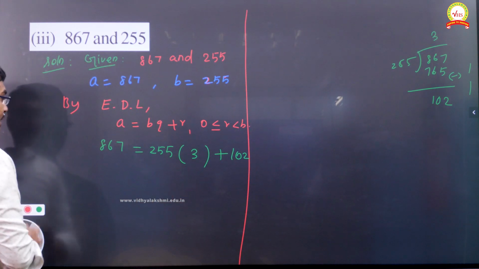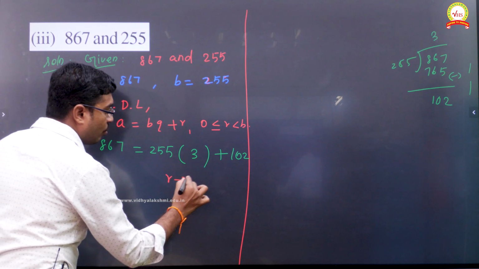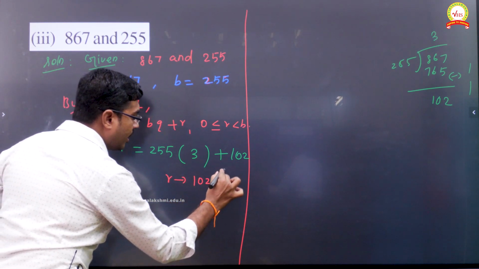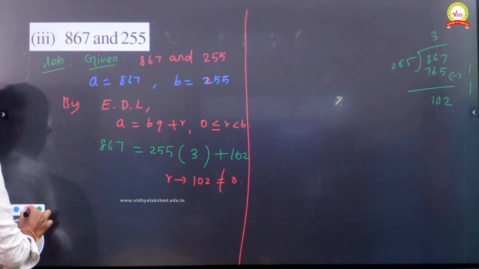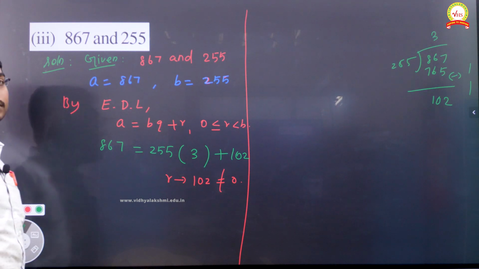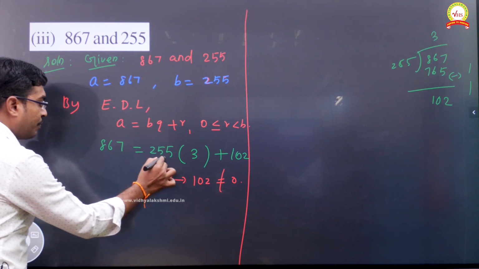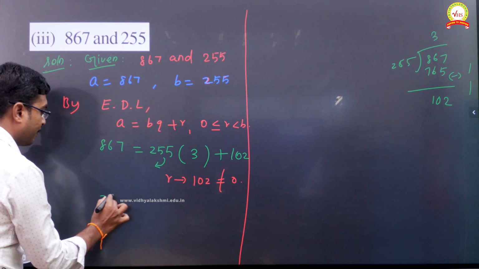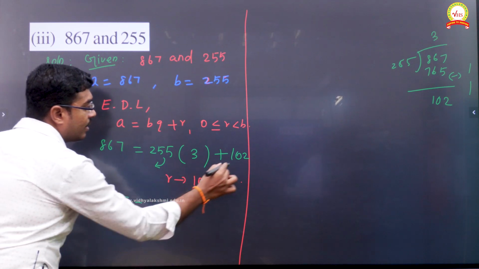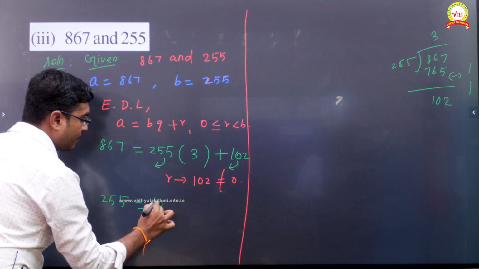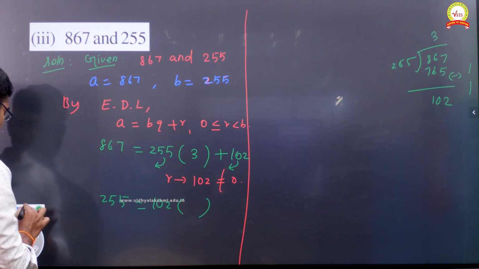The remainder 102 is not equal to 0. So the process continues. 255 comes to dividend, 102 comes to divisor. Okay.